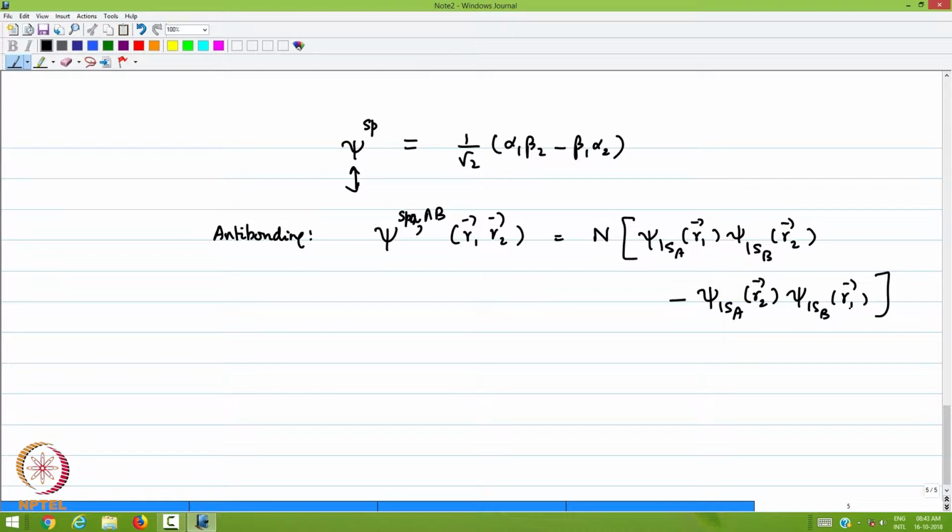Now, if you do this, you see that the spatial wave function changes sign if we interchange the coordinates R1 and R2, because if you interchange R1 and R2 here, then this term is exactly the same as this term, but it already has a minus sign. And likewise, if you interchange R1 and R2 here, you will get psi 1s A R1, psi 1s B R2, but it already has a minus sign, but this is positive. Therefore, the anti-bonding psi spatial is antisymmetric.